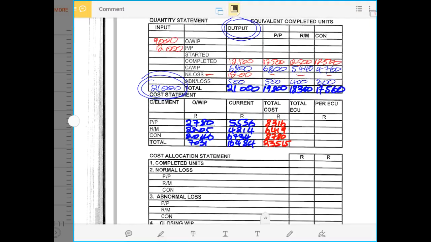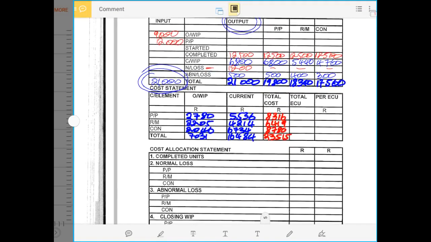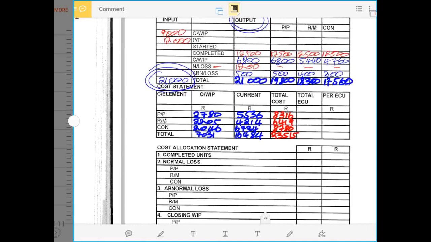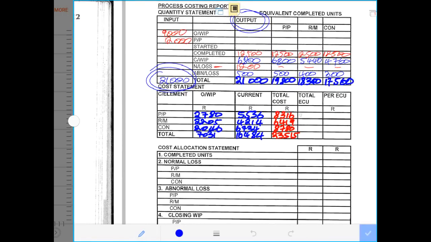Don't know why it does not want to save. So now we record that 19,800 under total. There it appears.